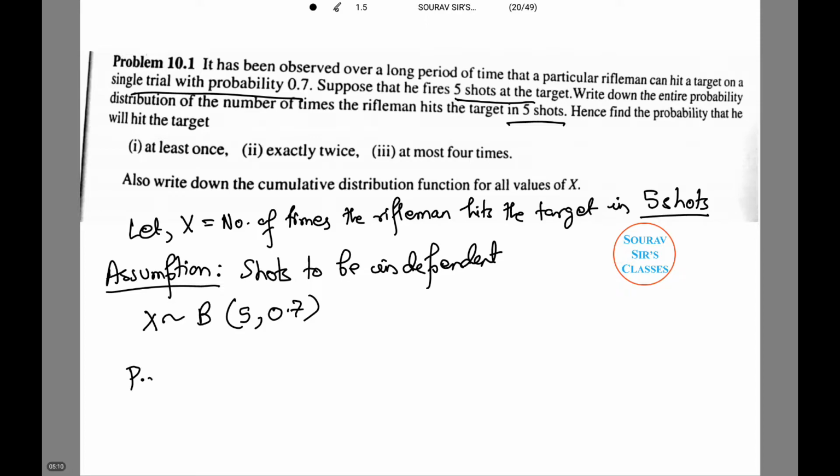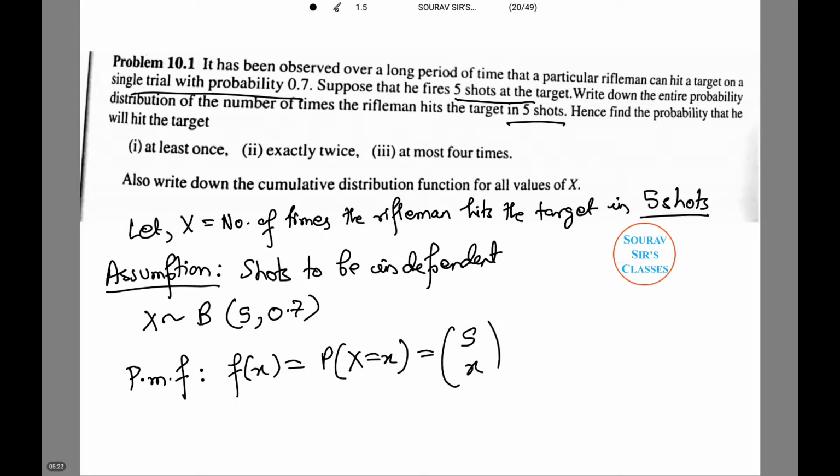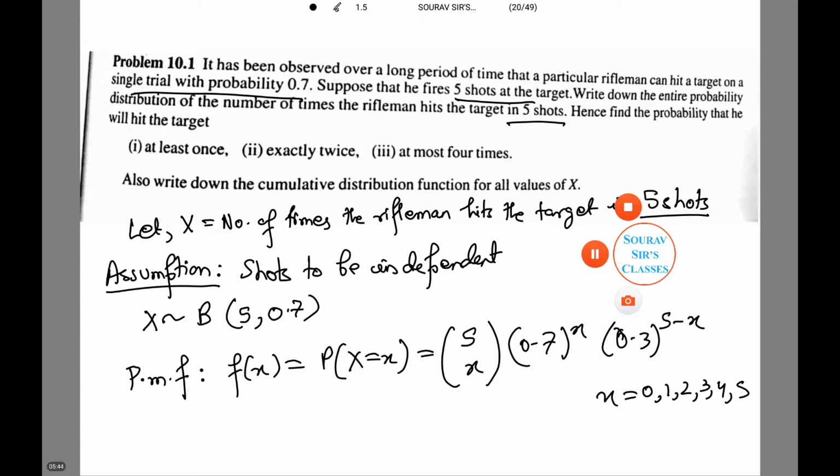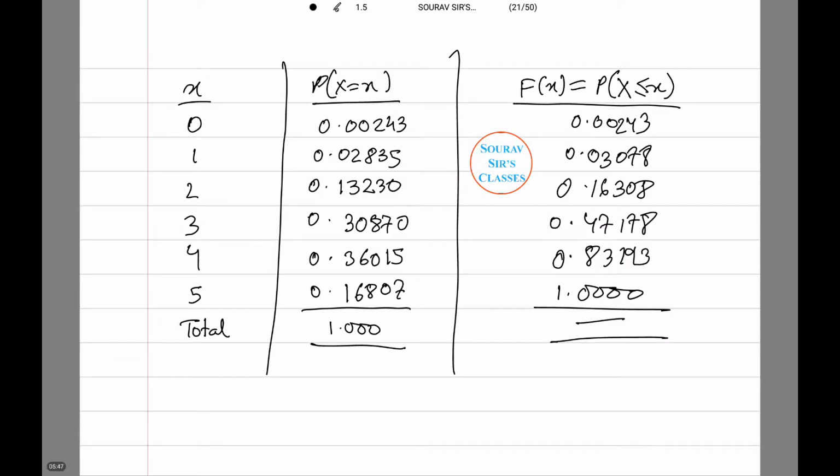Therefore, the PMF f(x) equals P(X equals x), which equals 5Cx into 0.7 to the power x into 0.3, that is 1 minus 0.7, to the power 5 minus x, where x ranges from 0, 1, 2, 3, 4 and 5. Now we'll create a table based on these values. This is the probability distribution table of X.